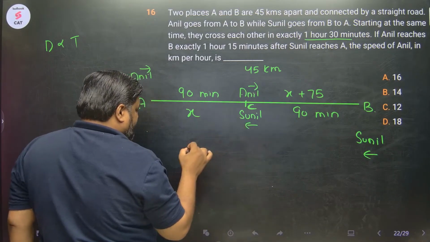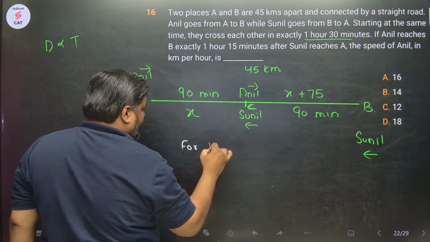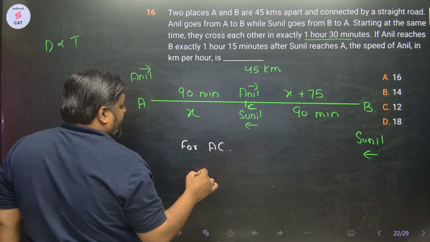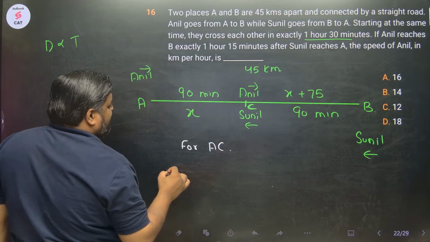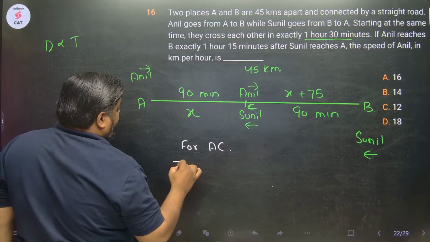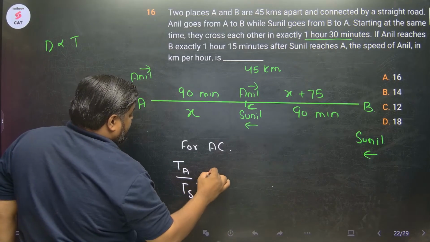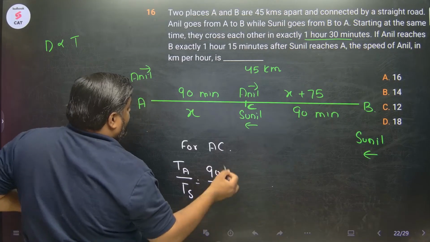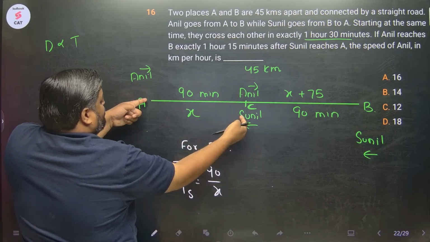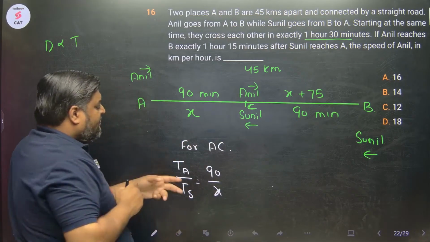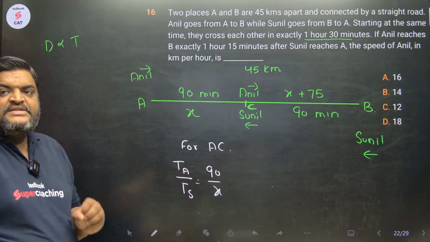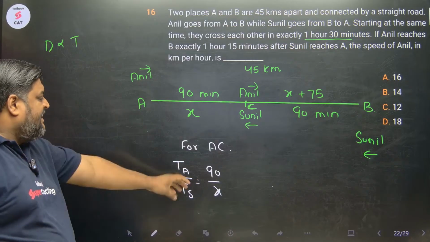देखो guys, कंफ्यूज नहीं होना है. For AC, I can say time taken by A upon time taken by Sunil is 90 upon X. अनिल को लगा 90 मिनट्स, सुनील को लगा x मिनट्स, टाइम का रेशियो इज सेम, टाइम का रेशियो इज 90 अपॉन x.